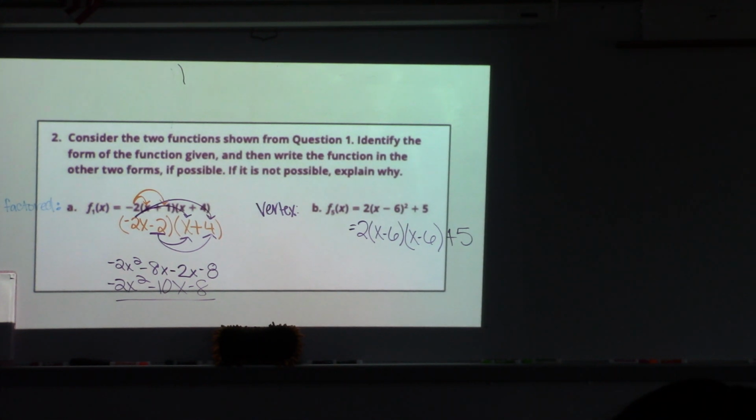Also don't forget about this plus 5 on the end that you have to add back in there. You see what I'm talking about? So also write it here, just to show that's where it came from.